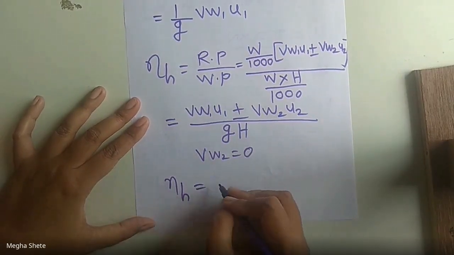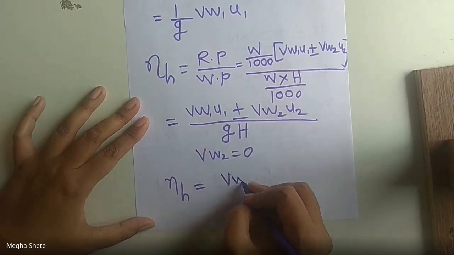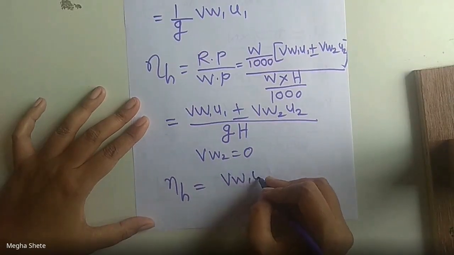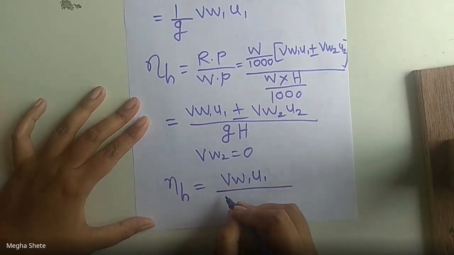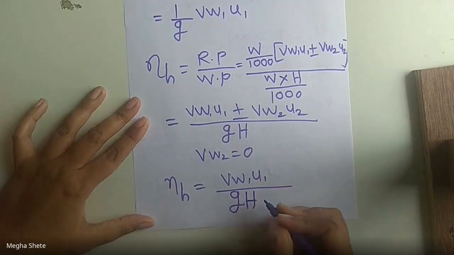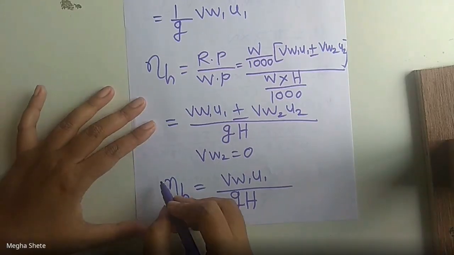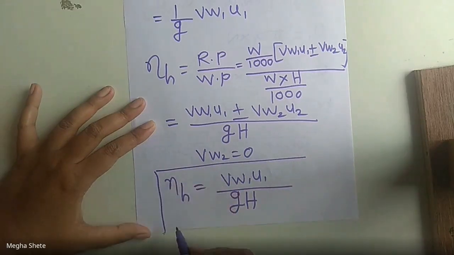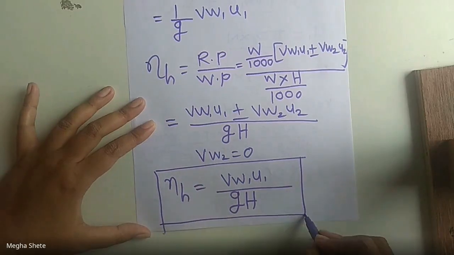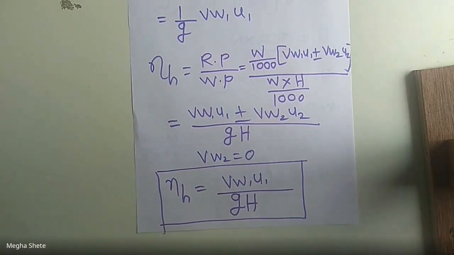Therefore, hydraulic efficiency is equal to VW1 U1 divided by G into H. This is the formula for hydraulic efficiency.